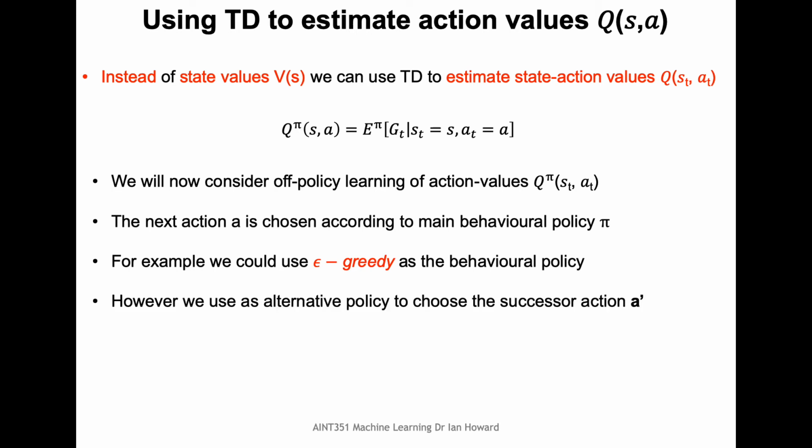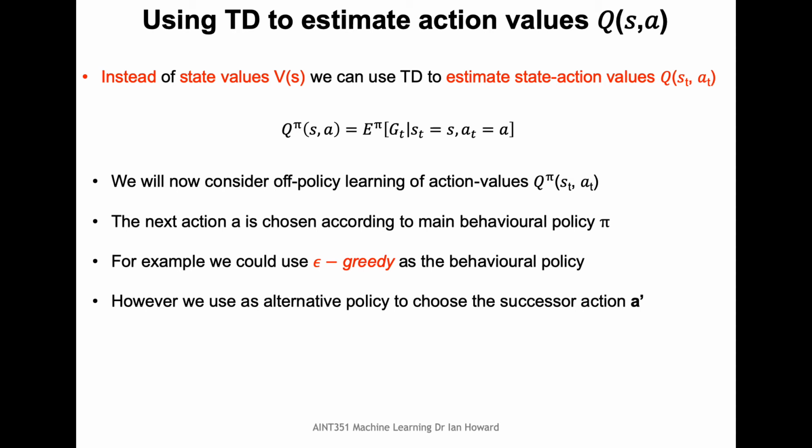Epsilon greedy basically means with probability epsilon, we do something random and randomly choose the next action. But with probability 1 minus epsilon, we choose what we think will give us the biggest optimal value. So we choose the best action to take.